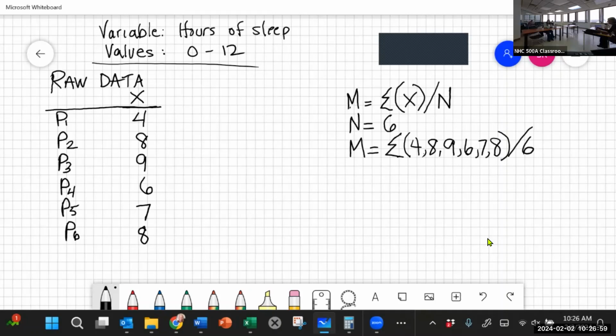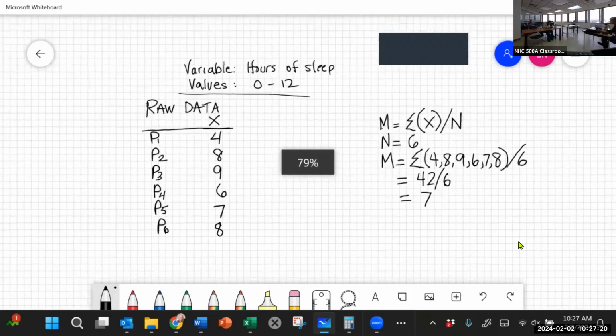I could also have written 4 plus 8 plus 9. That equals 42, when I add up all those numbers, divided by 6, equals 7. So the mean of this distribution is 7. So that gives us one bit of information about this distribution.